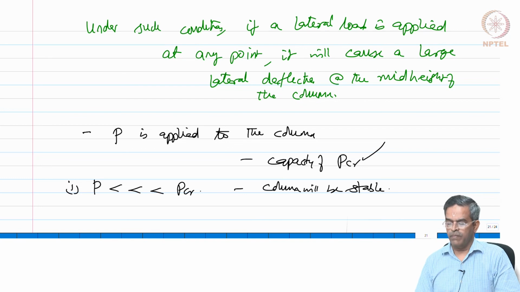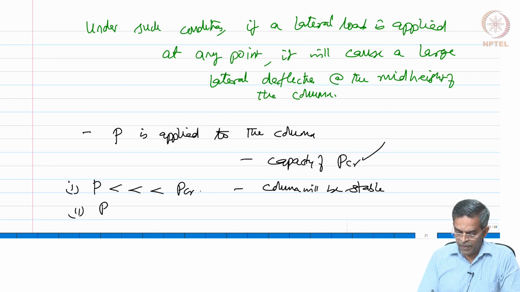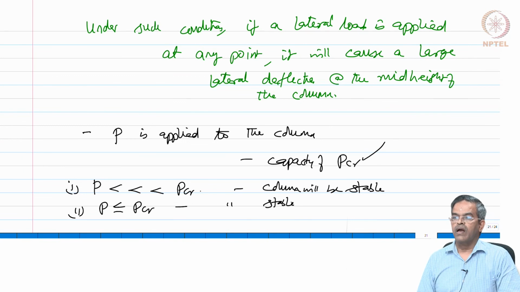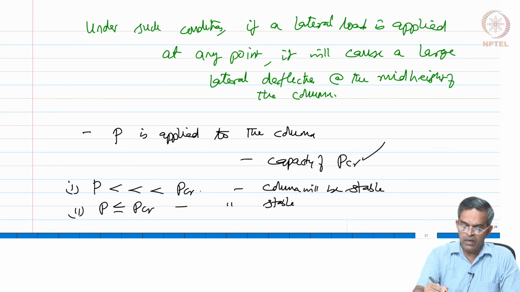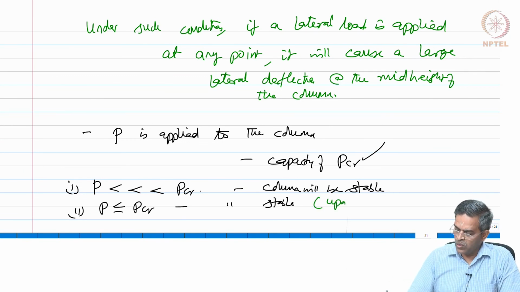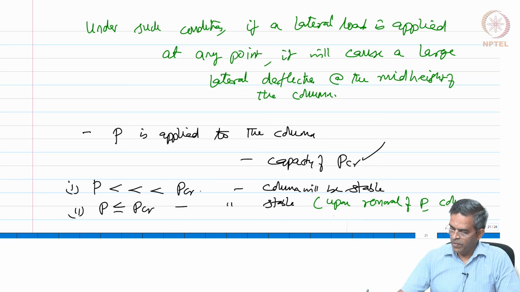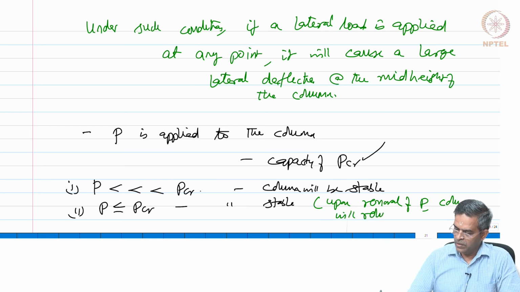No disturbance to the column. Let us say P is gradually reaching PCR. Column will still be stable and no change. Remember, upon removal of load, column will return to its original geometry.